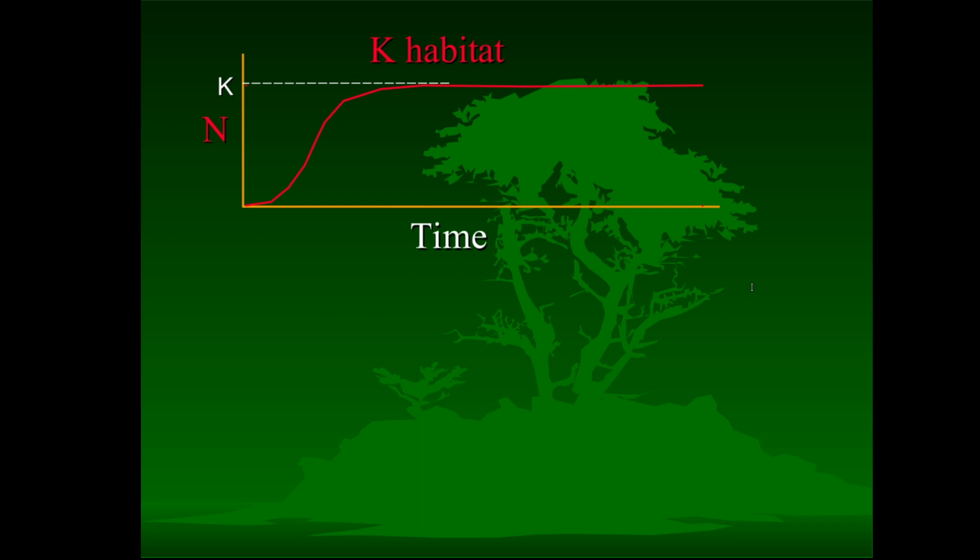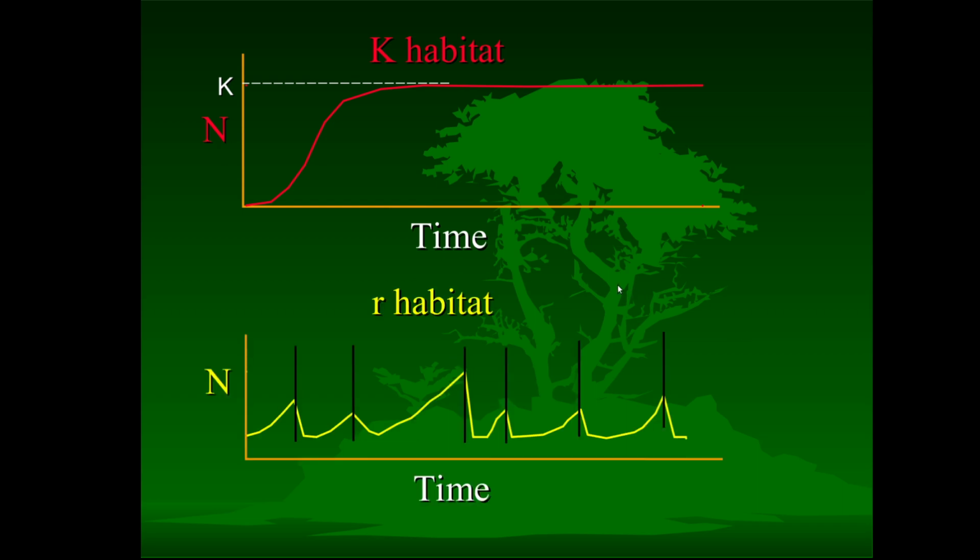So if there are regular density independent factors that decimate the population, then the population is always far from its carrying capacity and will rarely, if ever, reach carrying capacity. This is an r habitat which selects for an r strategy, namely increasing fitness at low density. Increasing fitness at low density means increasing r at low density.